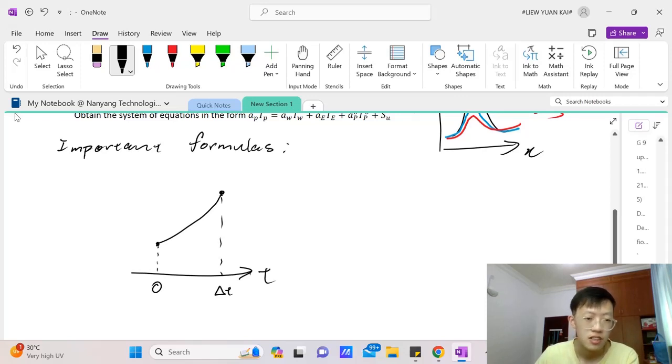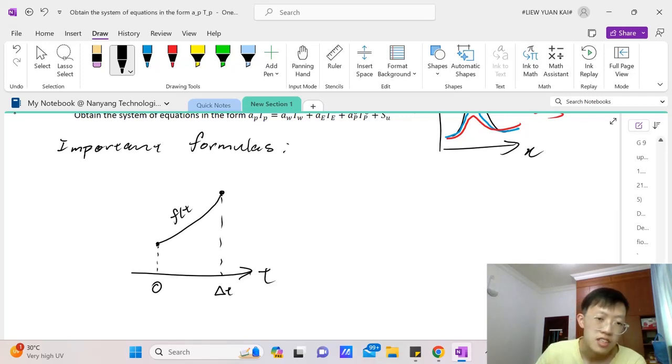So this time segment is delta t long. This function is given by f of t, so at t equals 0, this will be f of 0, and when t equals delta t, this point is given by the value of f of delta t. I think that's all cleared up.